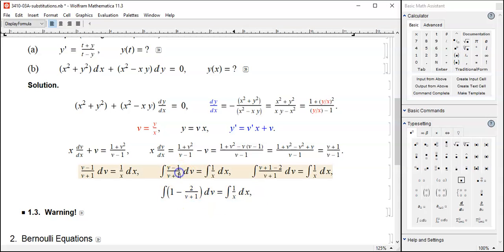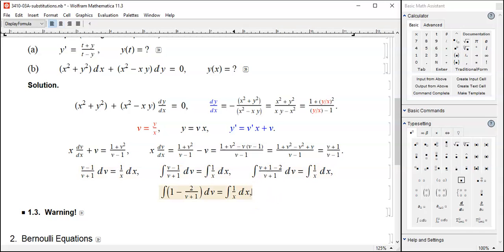So from here, quotient is 1 and the remainder is negative 2. So yes, you can do that through division. But I decided to take a little bit clever path here. Plus 1 and then another minus 1 so that we get 1 minus 2 over v plus 1.